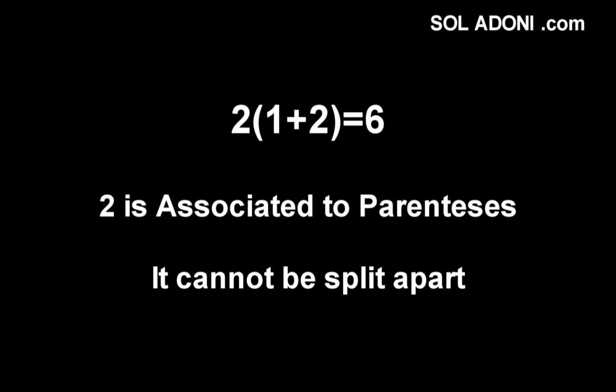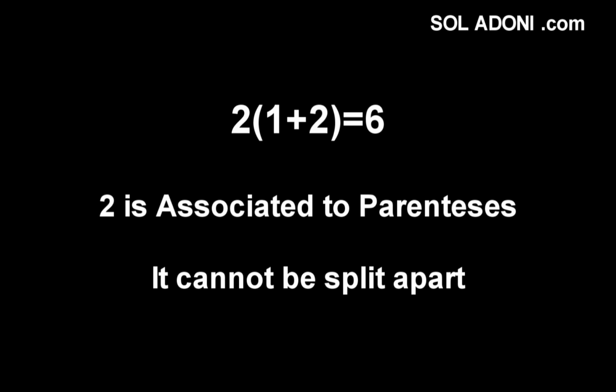Now, if you understand a classical algebra solution, going back to Euclid, you would view the segment of the expression that is 2 times the sum of 1 plus 2 can only be equal to 6. That's because in algebra, the 2 is associated to the parentheses. It cannot be split apart.